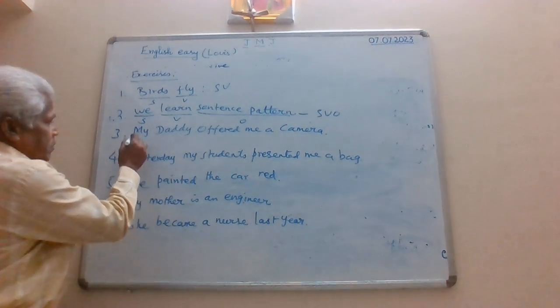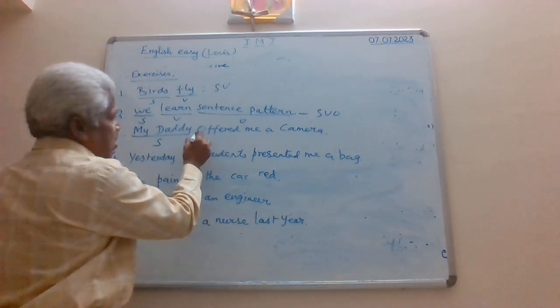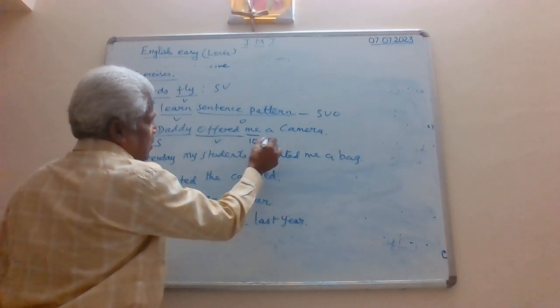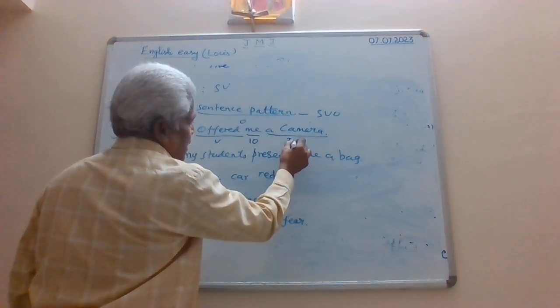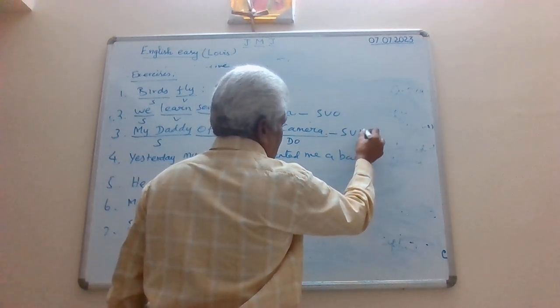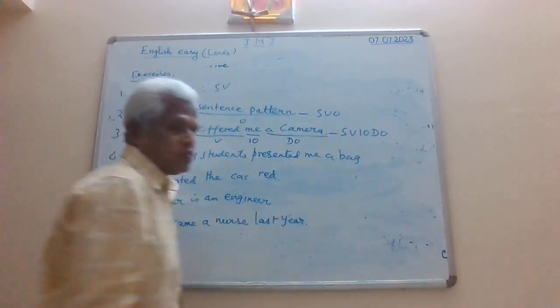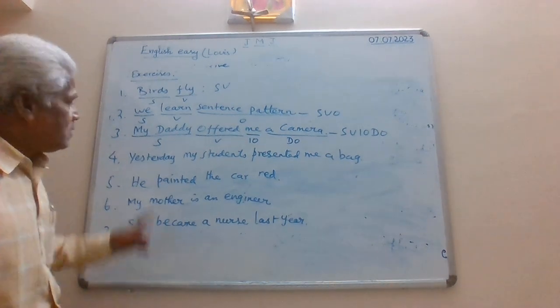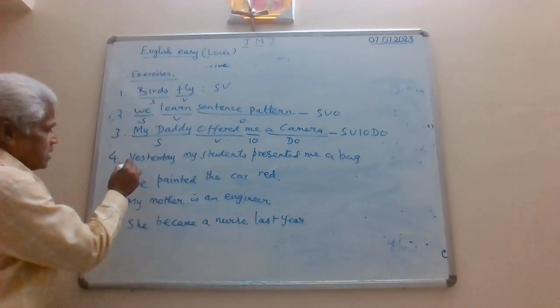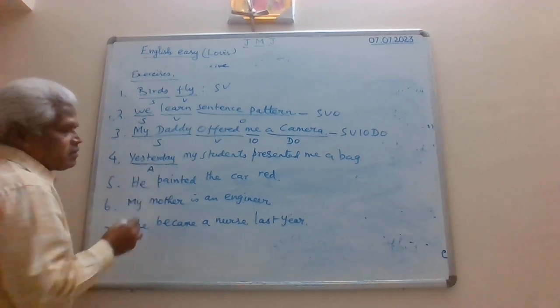For the next one, my daddy is your subject, offered is your verb, me is the indirect object, a camera is the direct object. So therefore, this is an example for SVIODO. What about the next sentence? Yesterday my students presented me a bag. Yesterday is your adjunct.